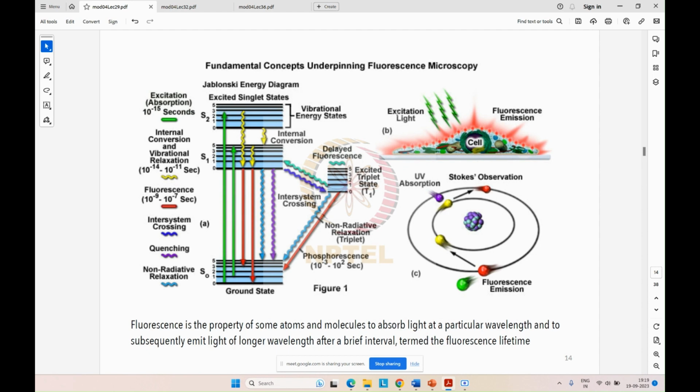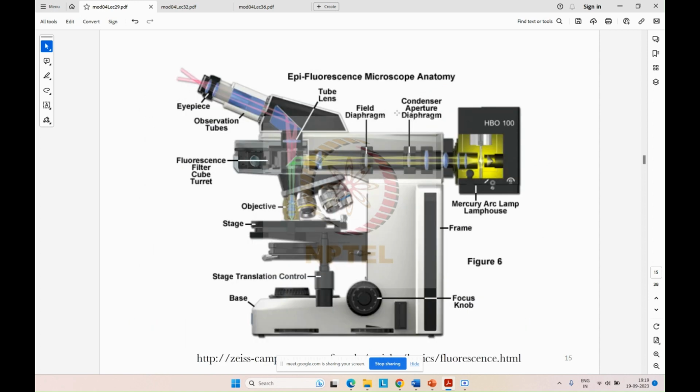Fluorescence microscopy is super important when you want to observe how your proteins or specific molecules in your cell are moving around. This is something known as an epifluorescence microscope.